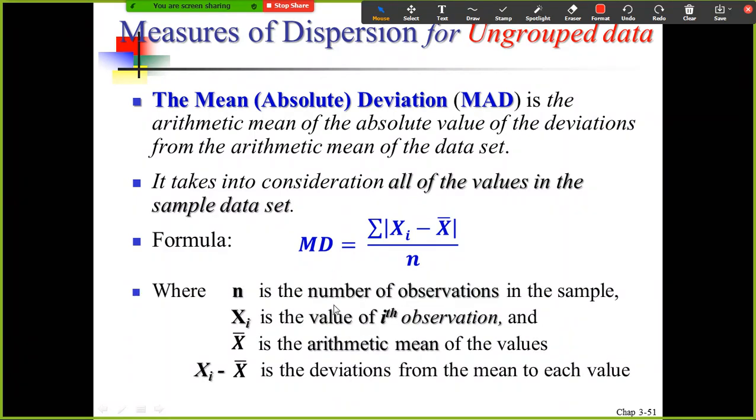What is n? n is the total number of observations in our sample dataset. xi is the value of the observation at i, and x bar is the arithmetic mean. xi minus x bar is the deviation from the mean to each value. This is the formula. To make it easy to remember this formula, we need more practice.